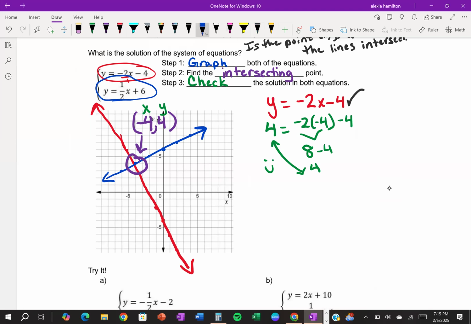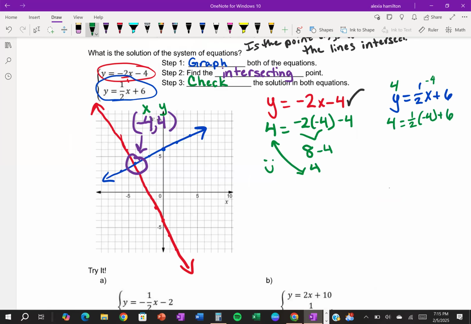We have y is equal to 1/2 x plus 6. Again, I'm putting the +4 in for the y and the -4 in for x. So we get 4 is equal to 1/2 times -4 plus 6.